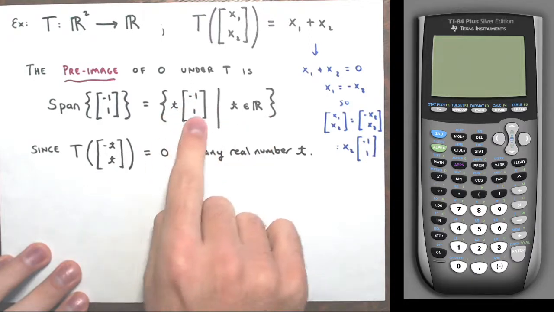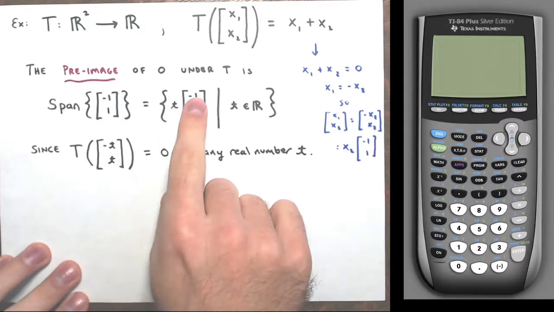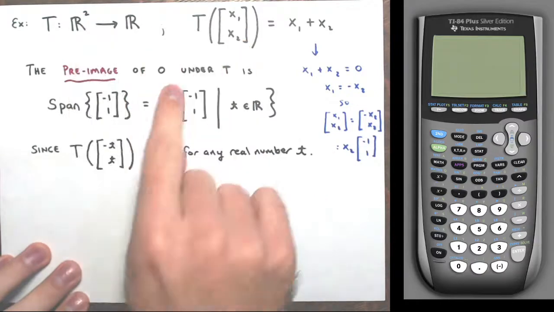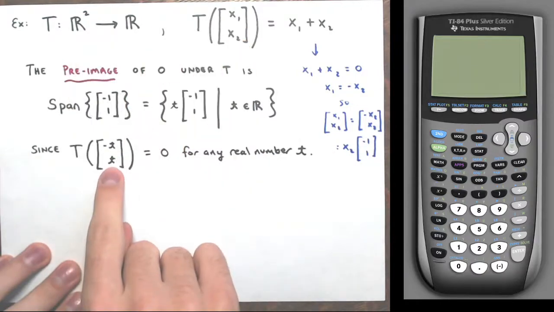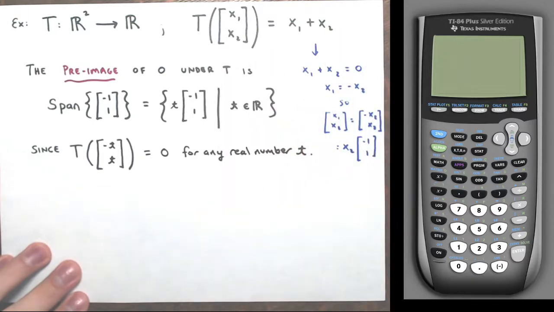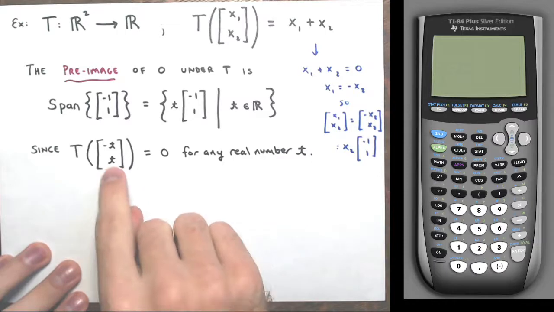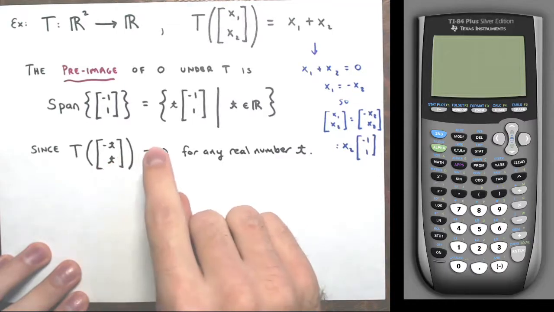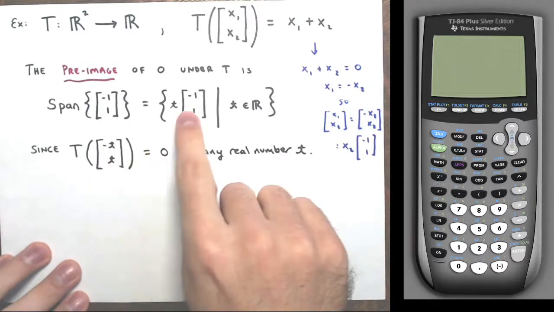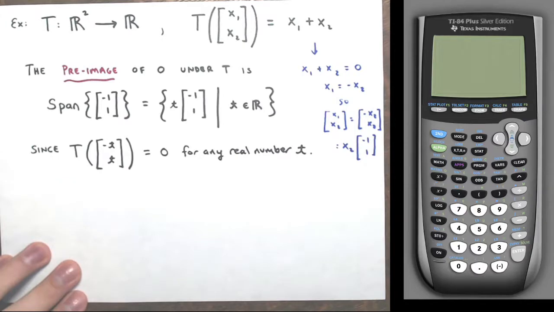If I plug the vector (-t, t) into this function, you'd get -t plus t, or 0 all the time. So every vector that looks like this has an image of 0, meaning the pre-image of 0 is all scalar multiples of (-1, 1), or the span of (-1, 1).